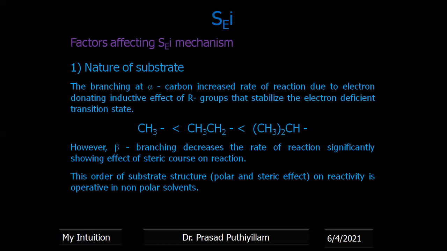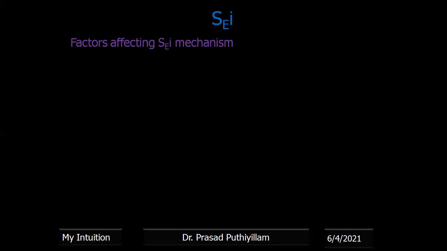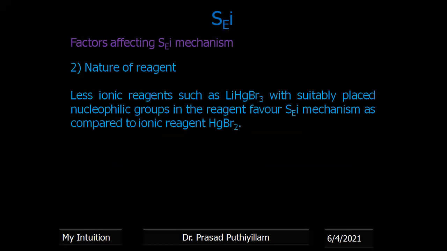However, if the branching is at the beta position, it decreases the rate of reaction because of steric hindrance. So the order of substrate structure, that is the polar and steric effect on reactivity, is operative even in non-polar solvents. Second point, that is nature of reagent.